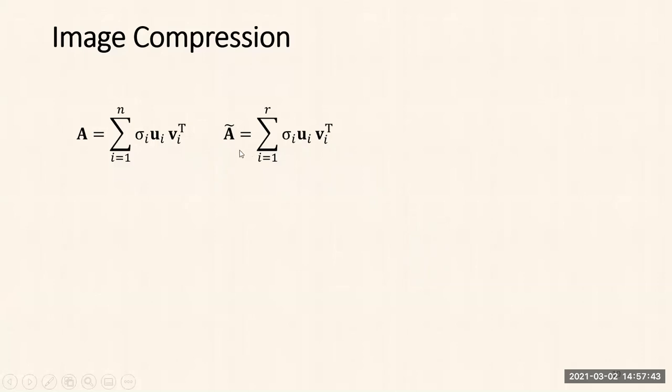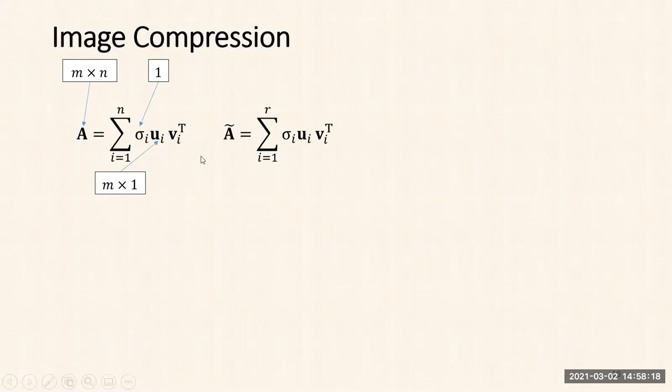Now, let's see what the cost is when I transmit this A tilde. Remember, this is an M by N matrix. So what's the cost of transmitting A? M times N units, right? Now, sigma i is a scalar. u_i is an M by 1 matrix, and v_i transpose would be 1 by N. It would be a row vector.